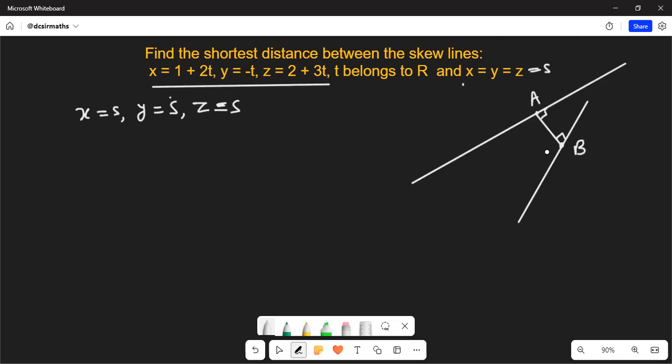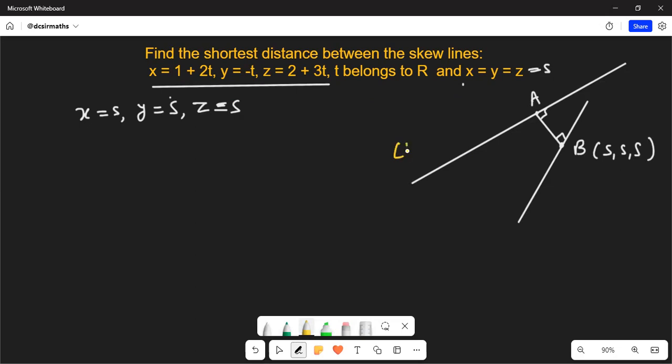Is it understood? So if A is any point on the first line and B is a point on the second line, your point B, X comma Y comma Z, each one is equal to S. So your B is S comma S comma S. And you can also write point A, it's given up here.